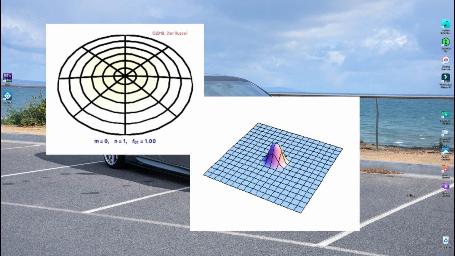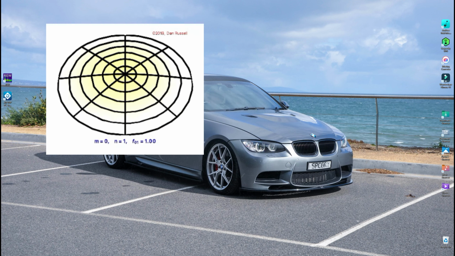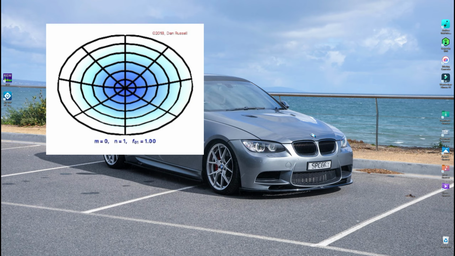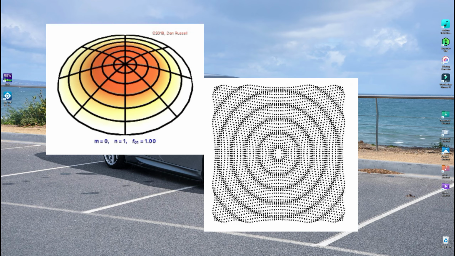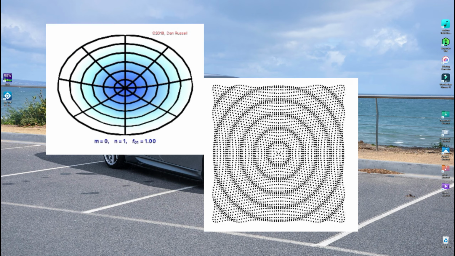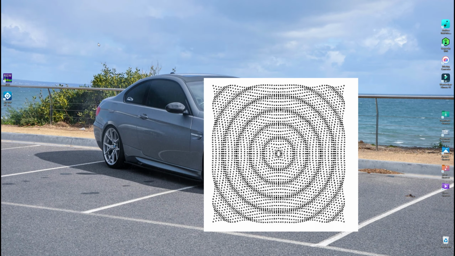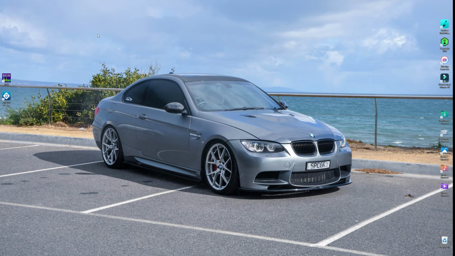So as the speaker cone moves back and forth and back and forth, it creates alternating waves of positive and negative pressure that ripple out like waves on a pond. But waves on a pond and waves in the air are two very different things. So let's talk about how sound travels through the air.